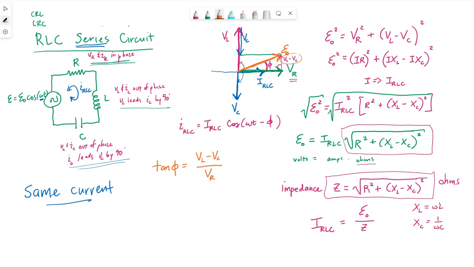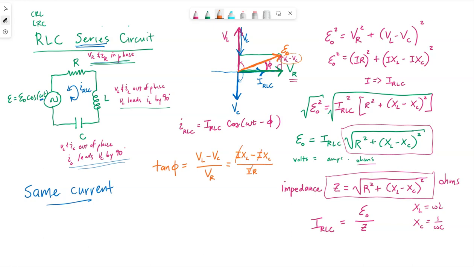Now we do have to have them all in terms of voltages to make this relationship, so we're using that triangle that represents the sum of those voltage phasors. I know the inductor can be written as I times XL, the capacitor as I times XC, and the resistor as I times R.